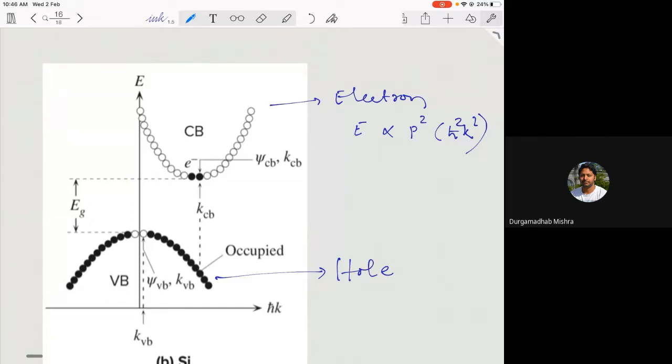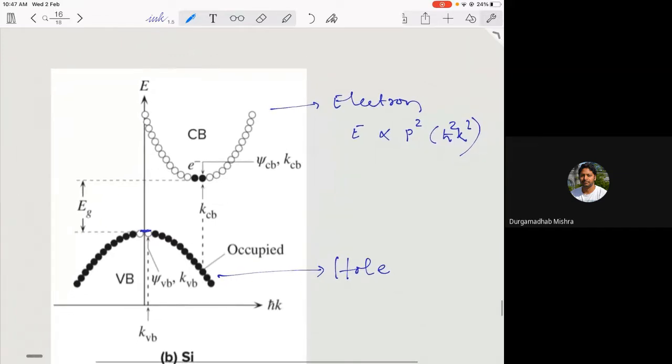So the hole has a minimum energy here, and as you go down, the energy of the hole will increase. But in the opposite case, the electron energy is maximum here, and when you go down, the electron energy is going down. So this is why it is inverted.